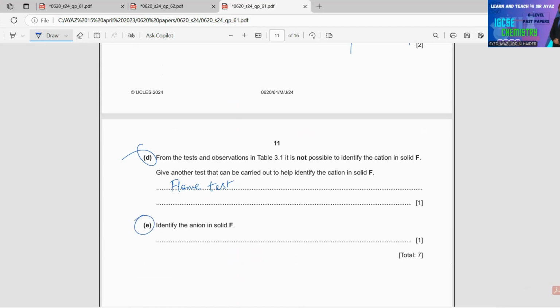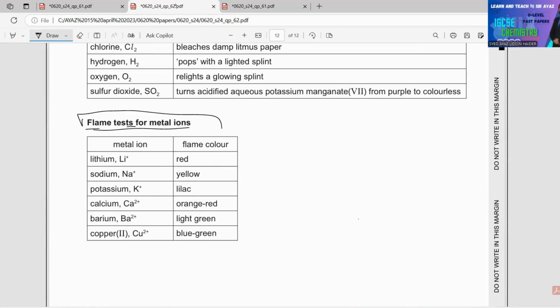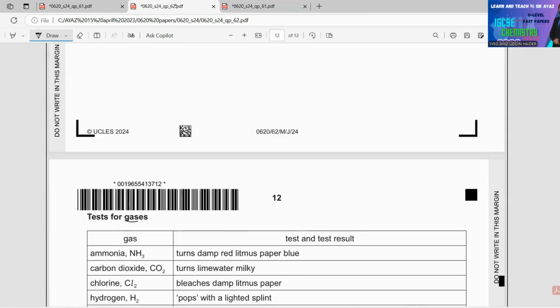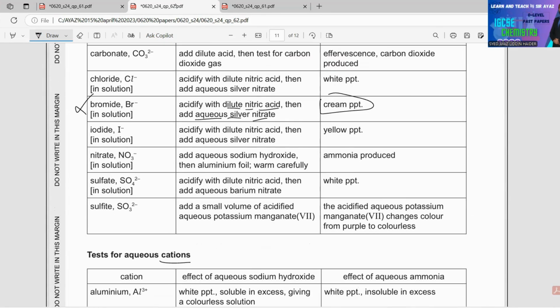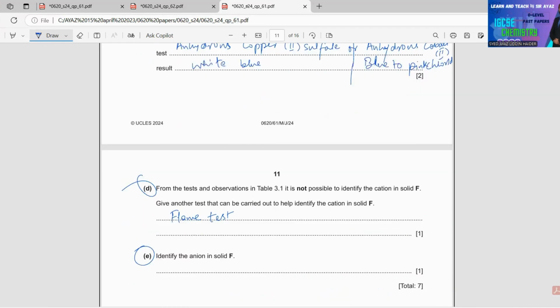E, identify the anion in solid F. They gave the positive test with barium nitrate, and you know that barium nitrate is used to test the presence of sulfate ion. You get a white precipitate. So we have sulfate ion present here. So you write SO4 2- or sulfate.